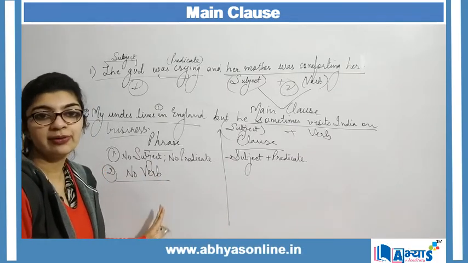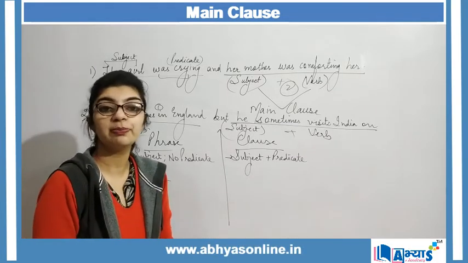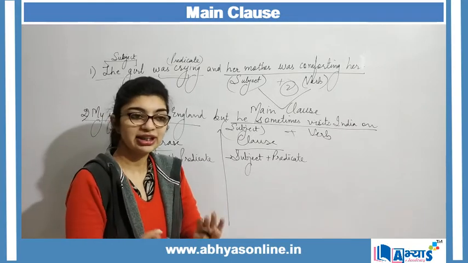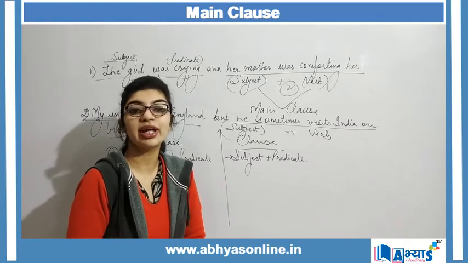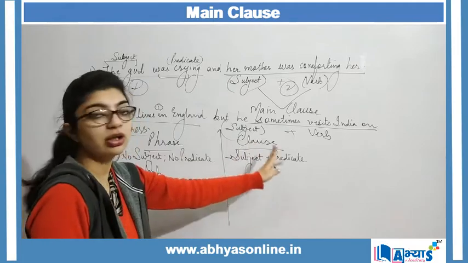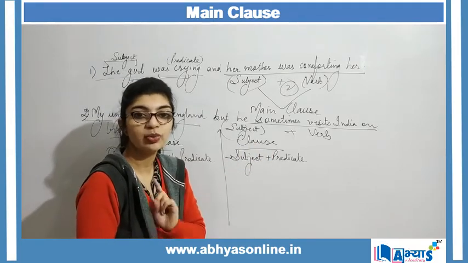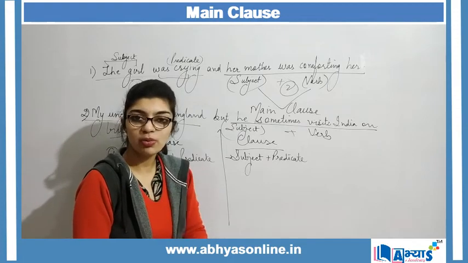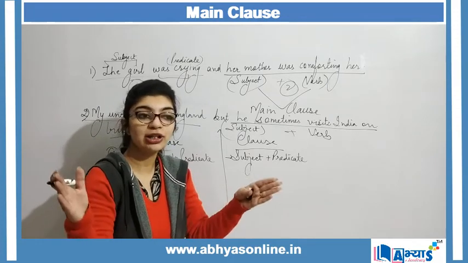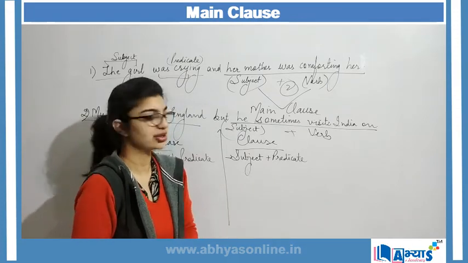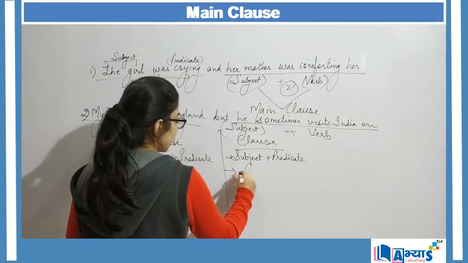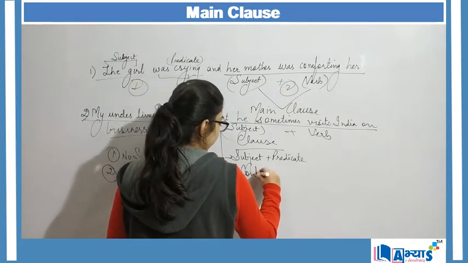Exception can be when I am talking about a verb phrase. But leaving the verb phrase, a phrase will never contain a verb, but a clause will always contain a verb. A clause is incomplete without a verb. If there is no verb, then I cannot say that that group of words is a clause.